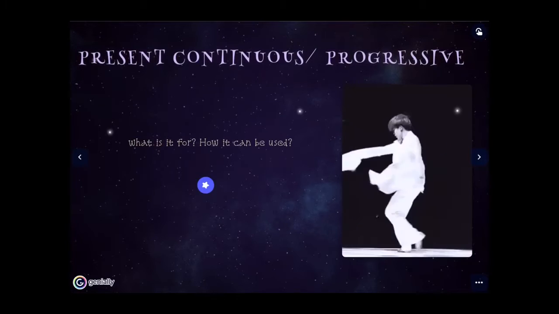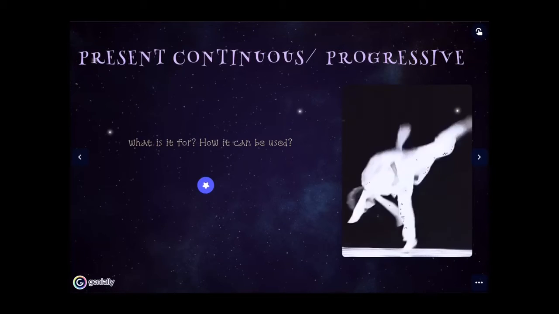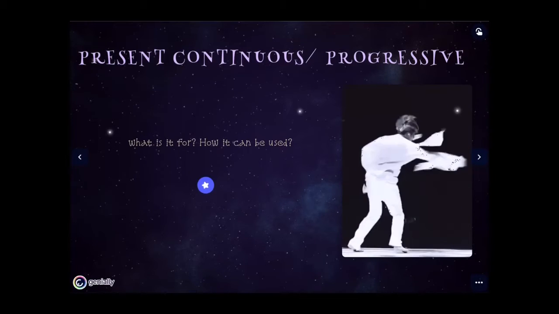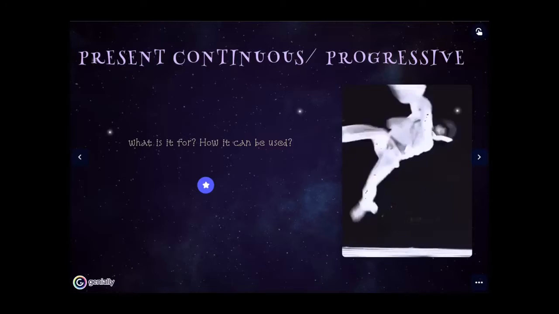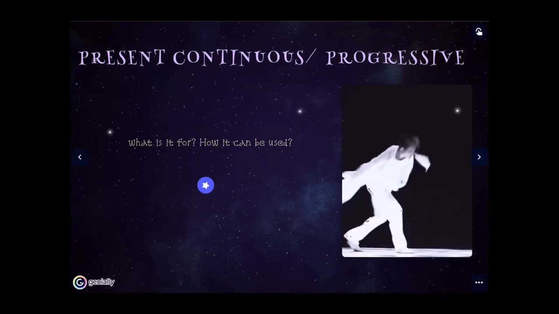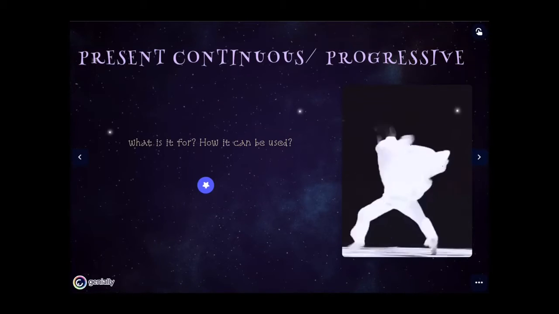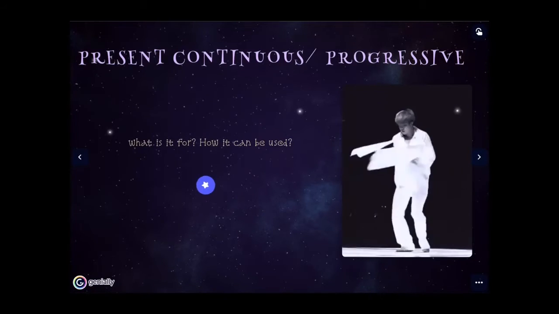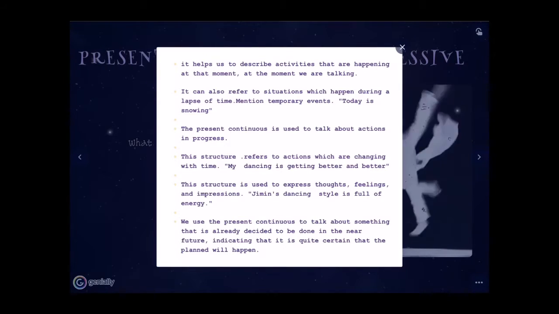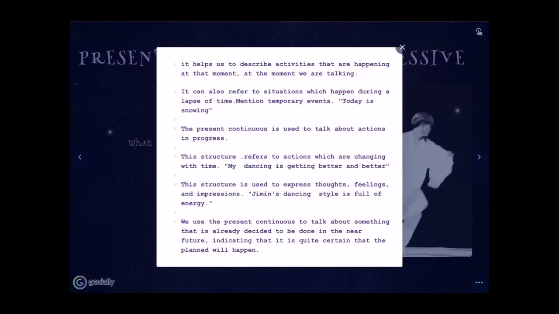First, we are going to see what the present continuous or present progressive is. So let's take a look at what the present continuous is for and how we can use it. Well, we can use the present continuous to talk about something we think to be temporary, and also to talk about longer actions in progress.